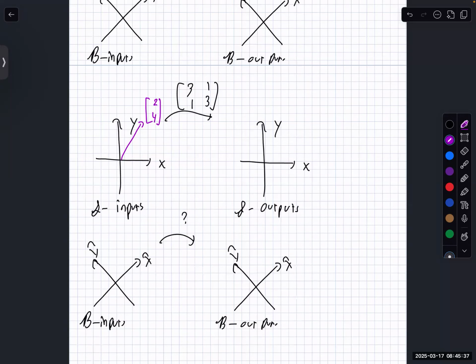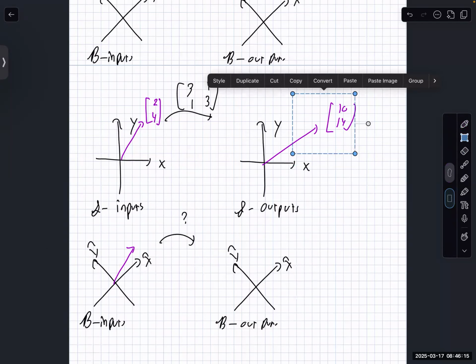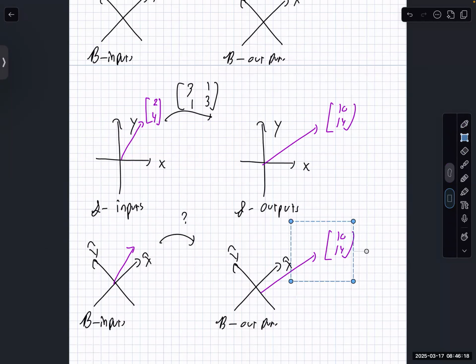Oh, that's interesting. Write a copy here. It's just easier for me to see. 6 and 4 is 10. 2 and 12 is 14. So the idea is this same vector we can write in the input space like this. And that's going to go to the same output vector, which is going to be here.